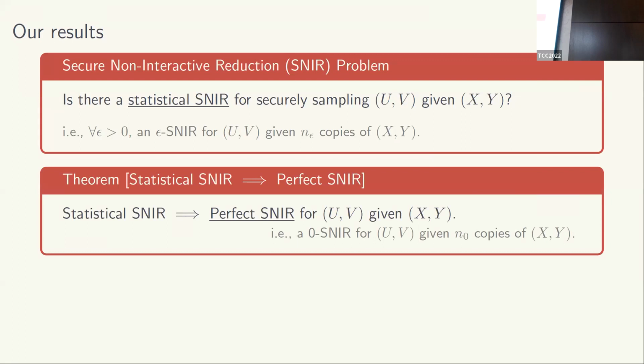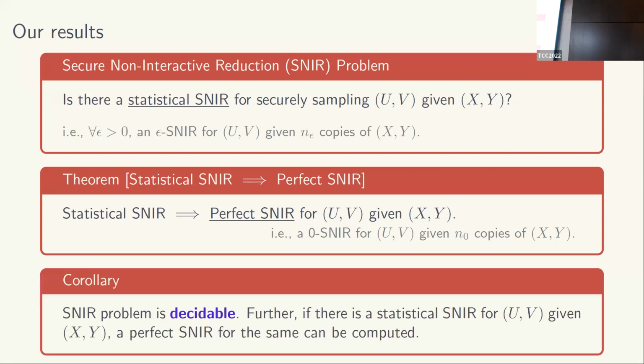The theorem states that there is a statistical SNIR for UV given XY only if there is a perfect SNIR with perfect correctness and perfect security that samples UV using n_0 copies of (X, Y), where n_0 should be thought of as a constant that is decided by the description of the correlations UV and XY. Now, as an immediate corollary of this, we get that the SNIR problem is decidable.